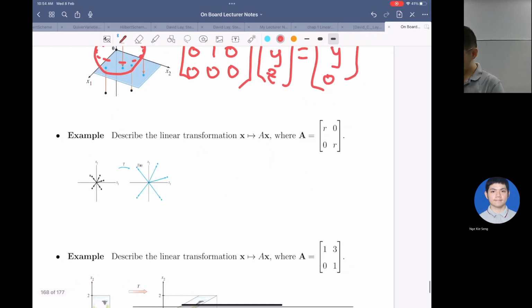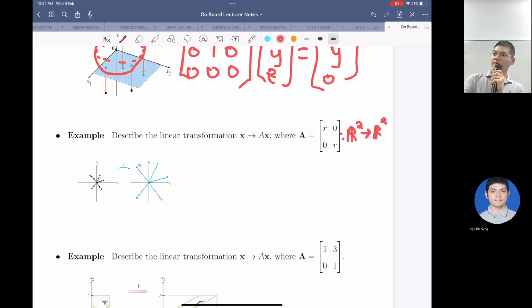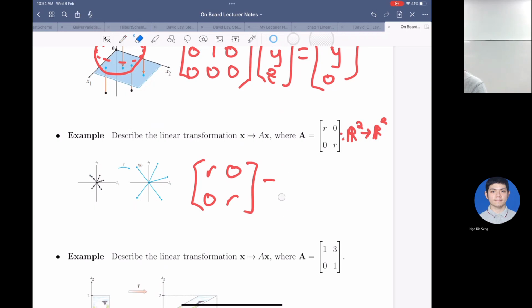Next. How about this one? This is a 2 by 2 matrix, so it's a linear transformation from where to where? From R2 to R2. If I give you a vector in R2, you spit out a vector in R2. Let's see what happens. If we multiply with x, y, what do we get?